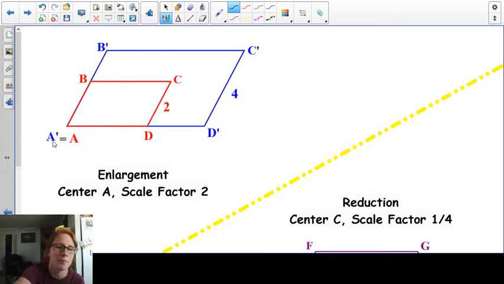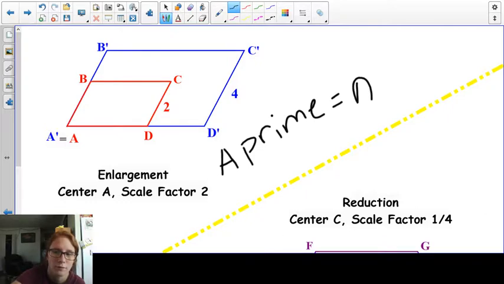That means A prime. Then we've got B prime over here, C prime way up here, and D prime down over here. So again, if it's been changed, it'll have that prime notation. That helps us indicate which is our first or our pre-image and which is our second or our image.